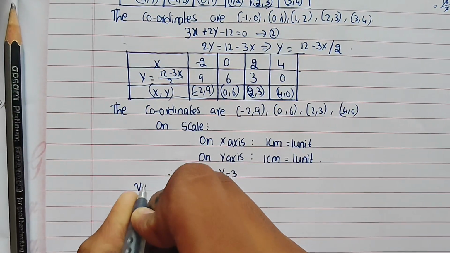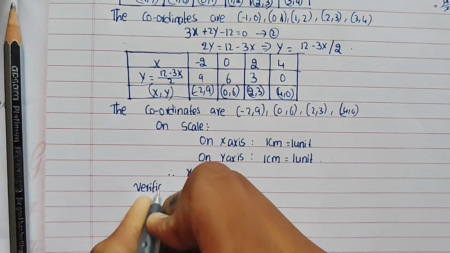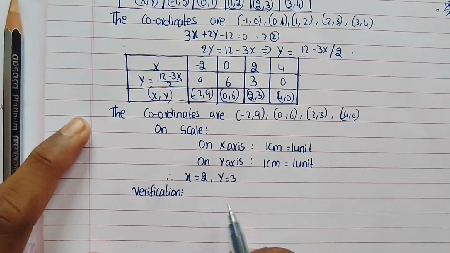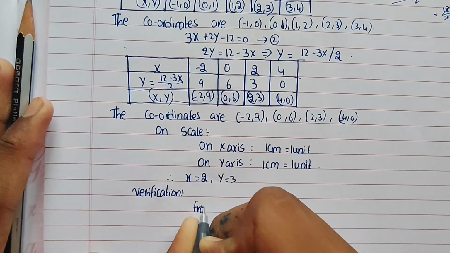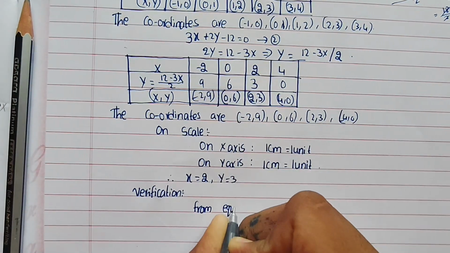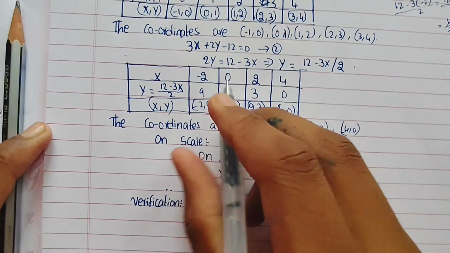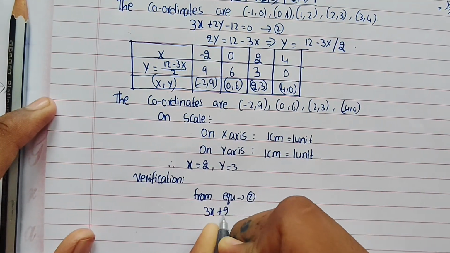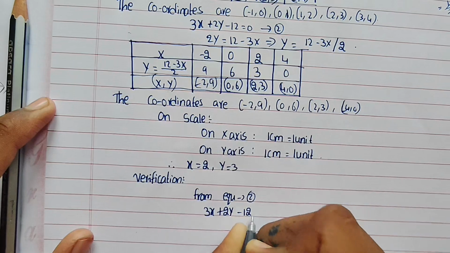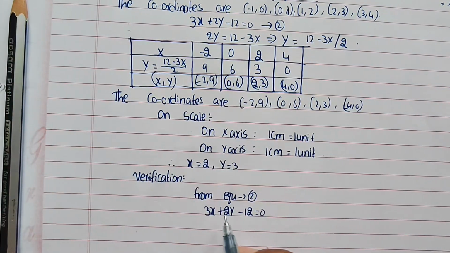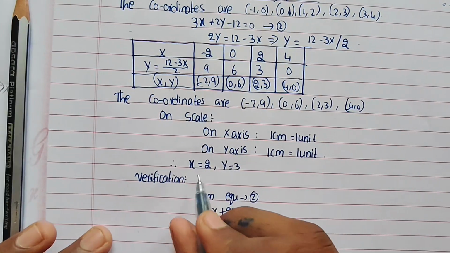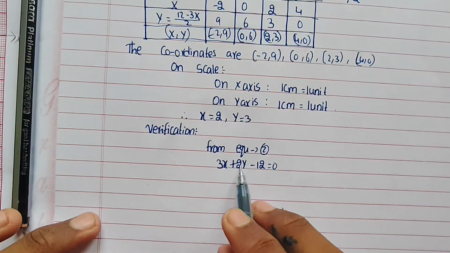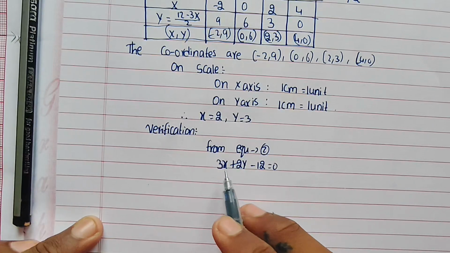So let us do the verification. From equation 2, what is equation 2 here? 3x plus 2y minus 12 equals 0. Now let us substitute these two values in 3x and 2y.